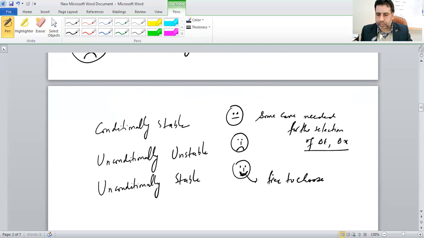But there are certain other requirements beside this stability. We also need to take account of accuracy. For accuracy reasons, somewhere we limit our delta t and delta x. But as far as the stability is concerned, for unconditionally stable schemes, you are free to choose delta t and delta x. So you cannot use unconditionally unstable schemes because they are unstable no matter what you want to do with these conditions.